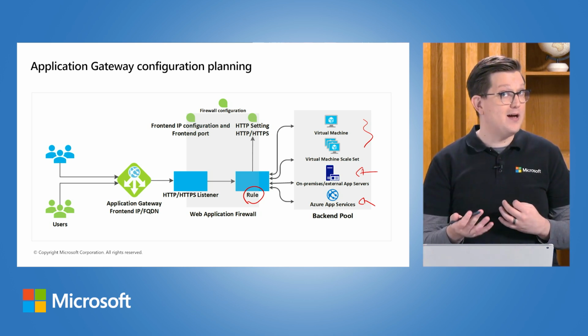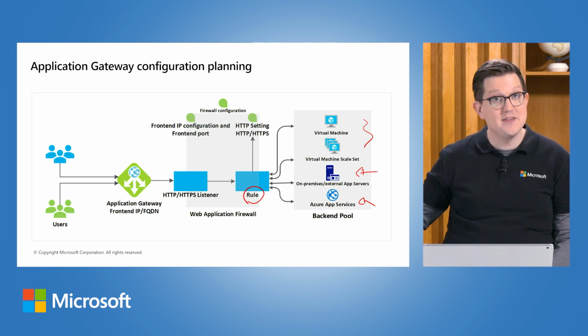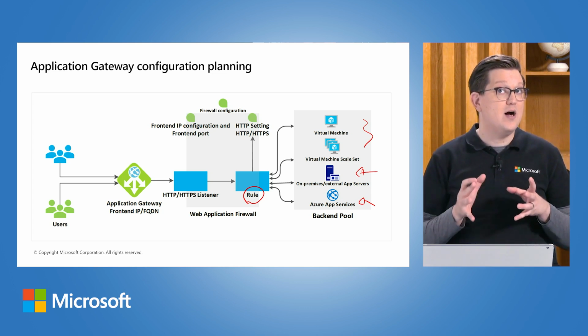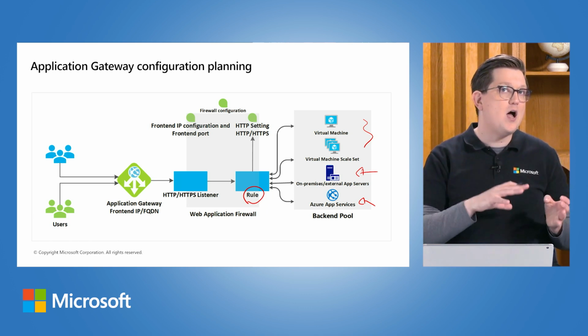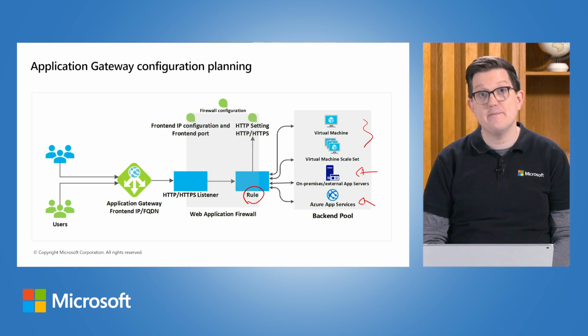Redirect the users on a path-based system and just say if they're trying to get the HR system, send them back that way. There's some really cool flexibility you can get in your architectures, especially when we're looking at migrations or hybrid style workloads that really do shine with the application gateway.